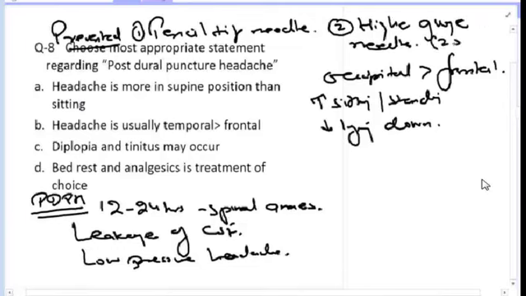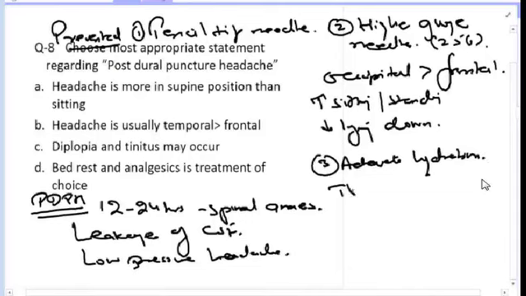Most commonly these days it is 25 gauge which is used, which has a very low incidence. Then, adequate hydration, because CSF production depends upon the hydration status, so adequate hydration is very important.